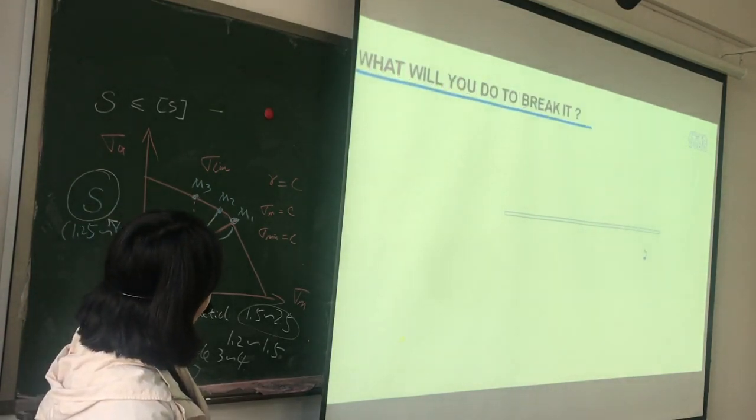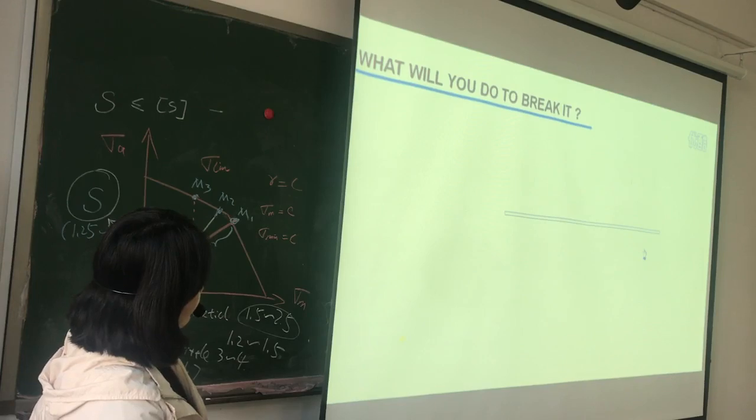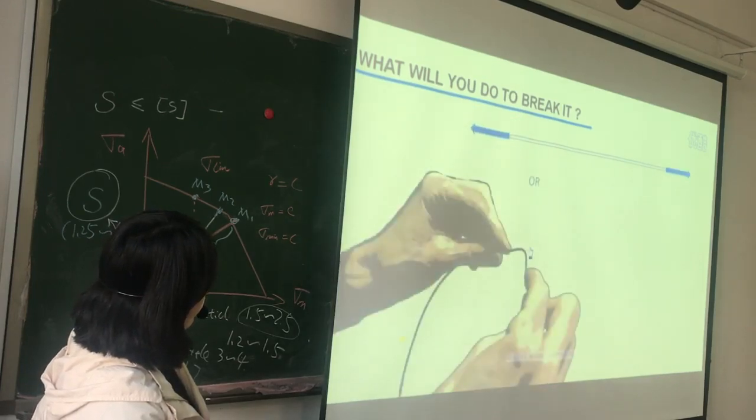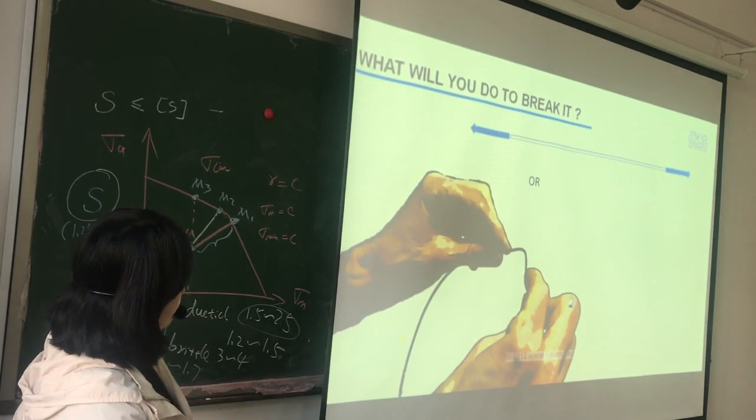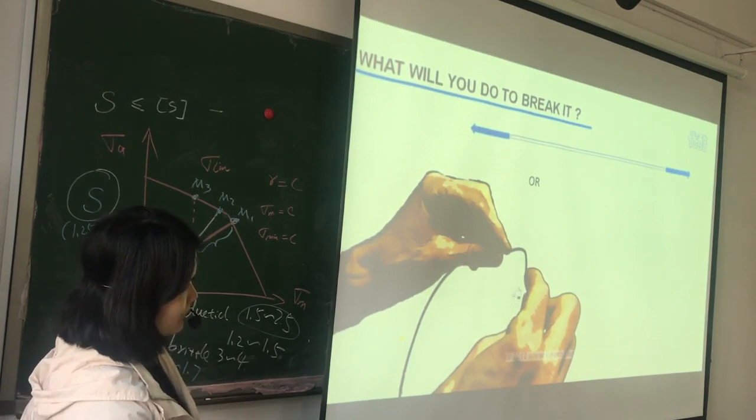So how will you break it? Will you pull it from both ends, or will you bend the wire upward and downward repetitively? Your answer is obviously the second option, because this method requires less effort compared to the first case. This is a well-known example of fatigue failure.